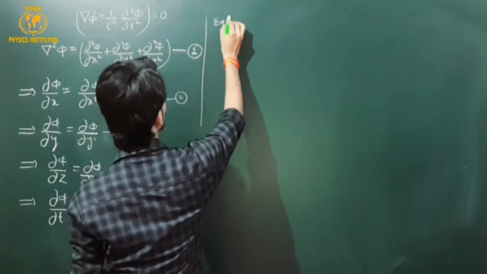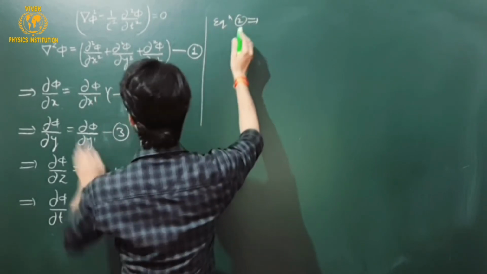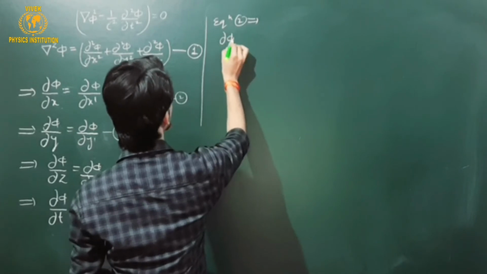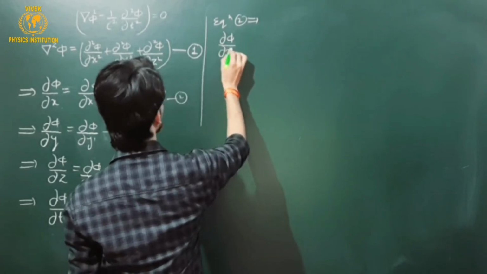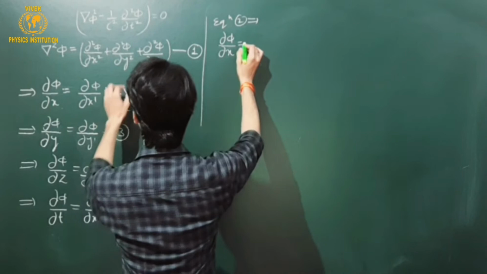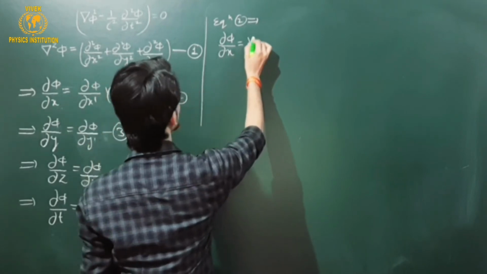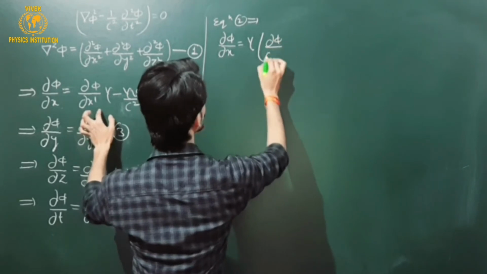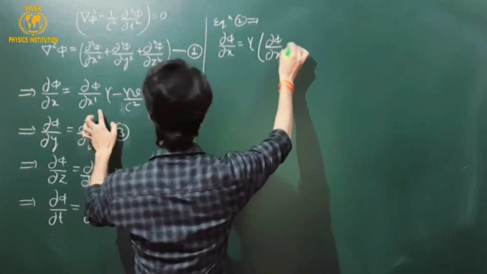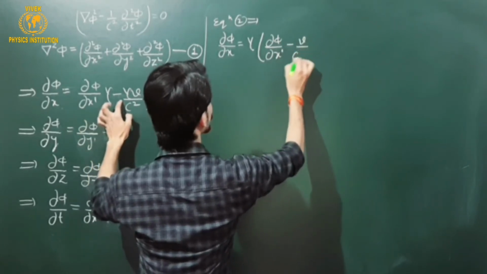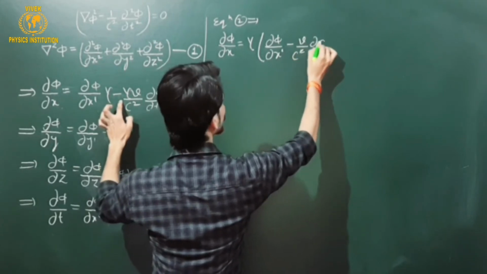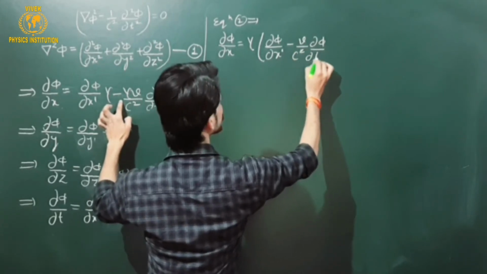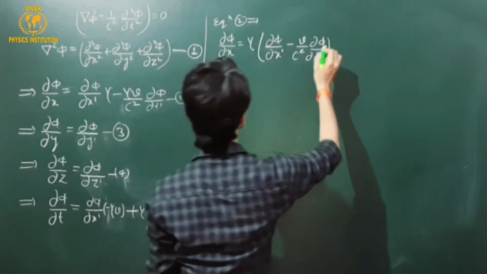Equation 2 can be written as del phi over del x equals, let me take gamma common from here, gamma times del phi over del x dash minus v over c square del phi over del t dash. This is my new equation 2.